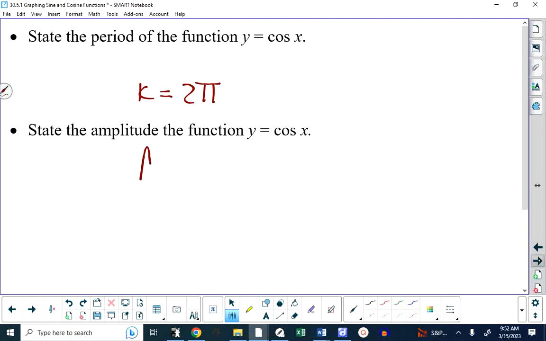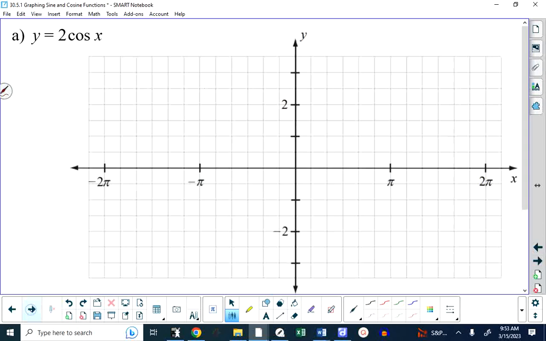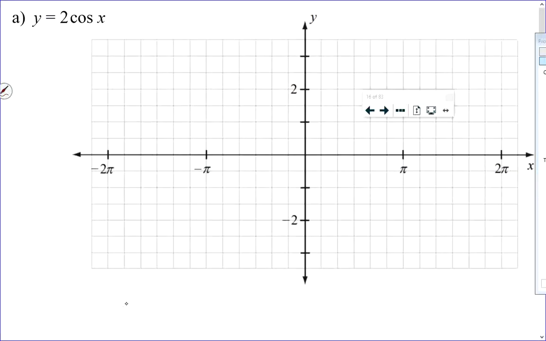And the amplitude we can see is equal to 1. And that ends the lesson in terms of what those graphs look like. Now we're simply going to take our knowledge of vertical stretches and reflections and horizontal stretches and reflections and sketch graphs and describe properties of graphs without using our graphing calculator.